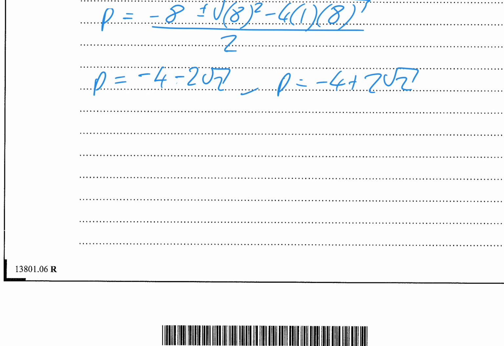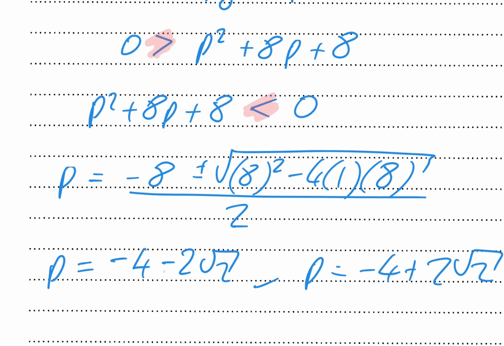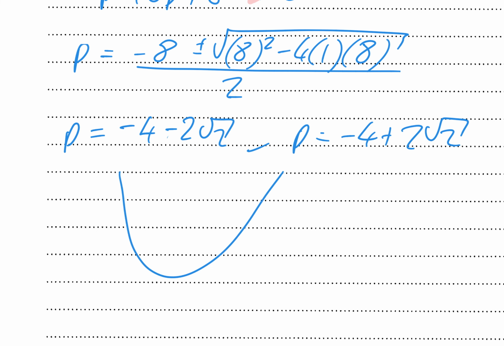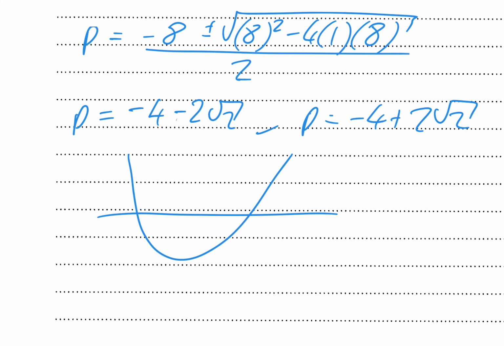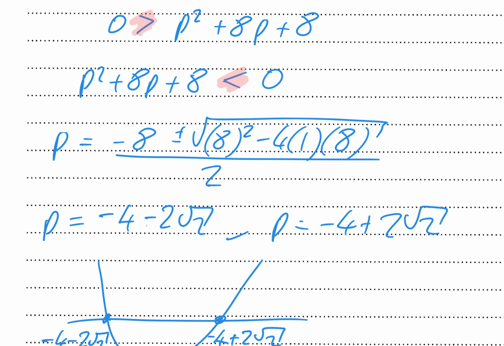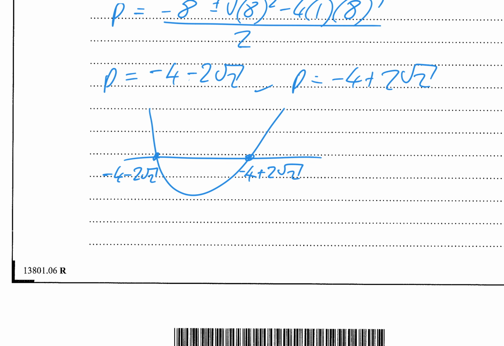Now it's a quadratic inequality. Look at this, it was a positive quadratic, so it's a U shape. And we now know it crosses here and here. We know the values, that was minus 4 minus 2 root 2, and minus 4 plus 2 root 2. And what do we want? We want less than. Less than means we want below the axes. So below the axes would be these bits between here and here.